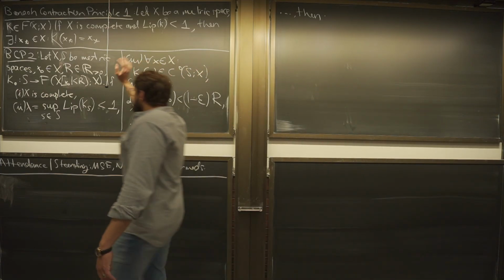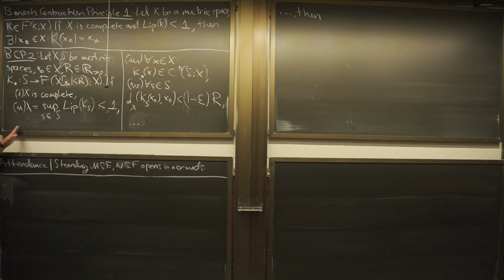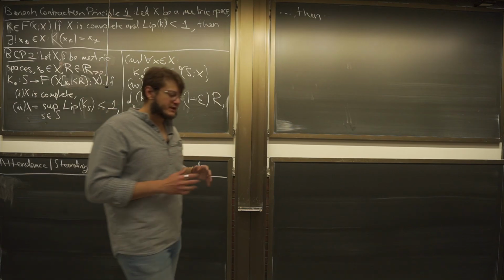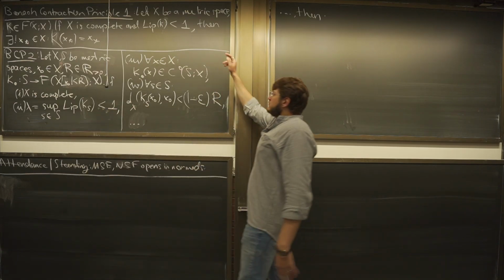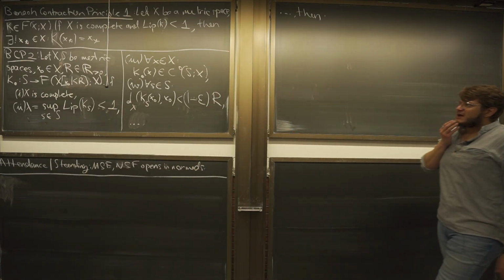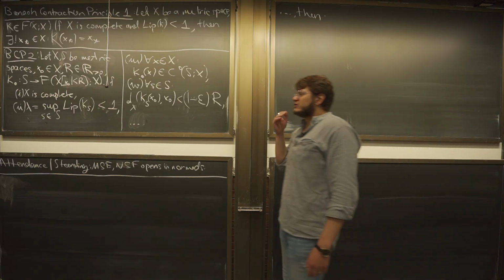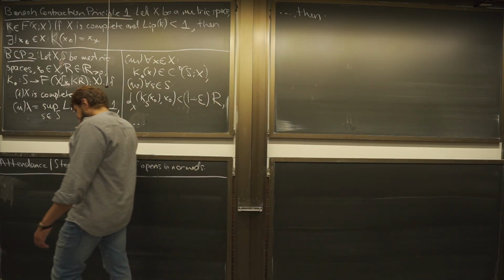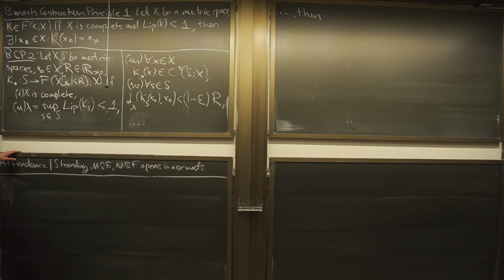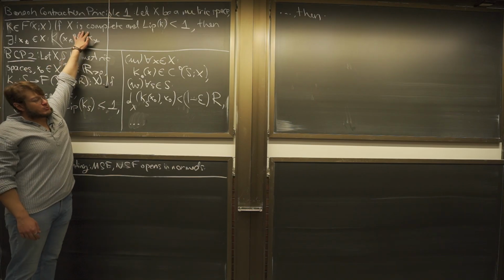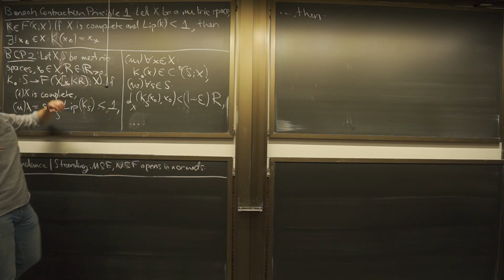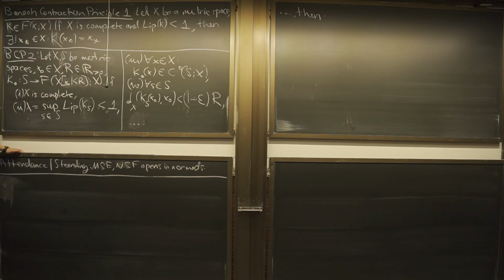So we're not going to cover all three of these, and probably we're not even going to cover BCP in class. But this is something we're going to use. And it says the following, okay? Just going back to this world of metric spaces, continuity, all that stuff. Focusing on BCP1, if you have a metric space X and a function capital K from X to itself, assuming that your metric space is complete, in other words, any Cauchy sequence in X has a limit, right?